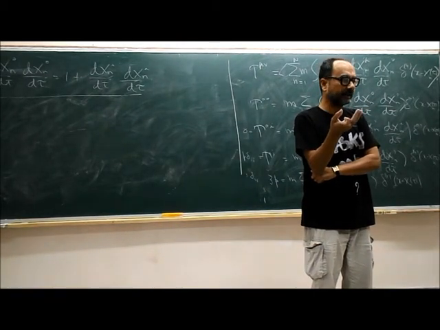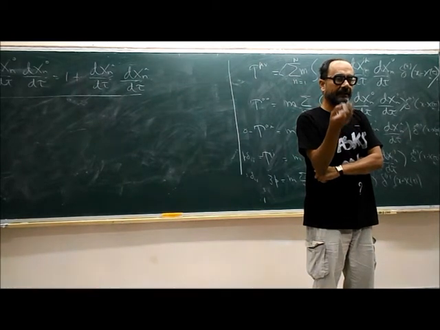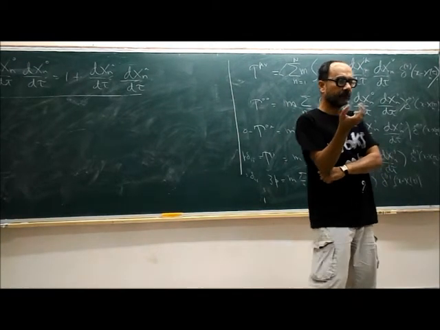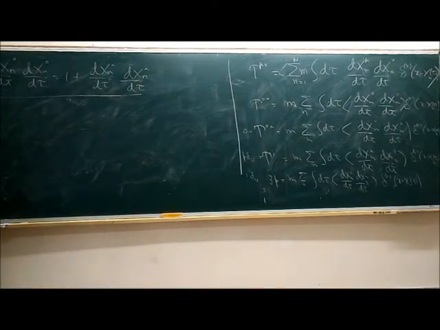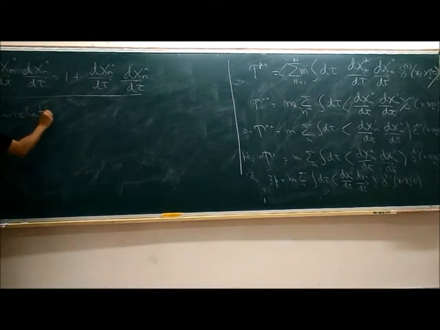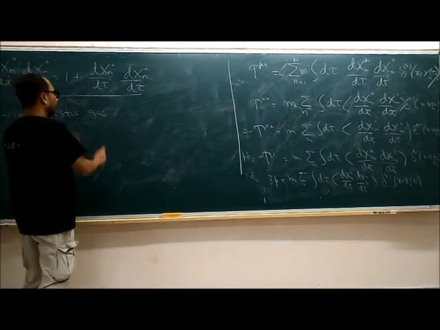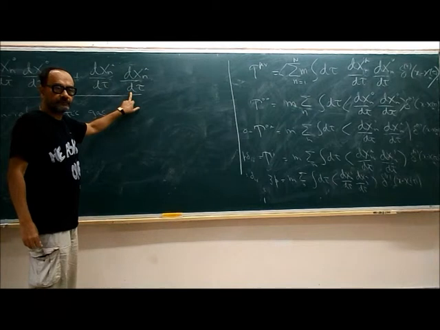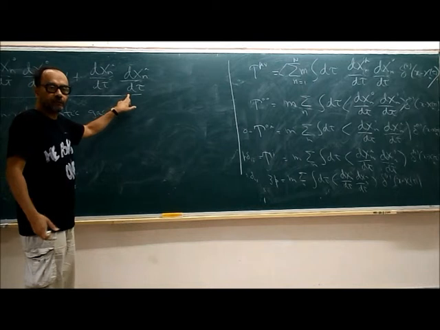That's the non-relativistic limit. So that's called a non-relativistic gas, and it will have this thing almost equal to 0. Again we are setting c equal to 1, so when you say velocities are small, that means this is almost equal to 0.